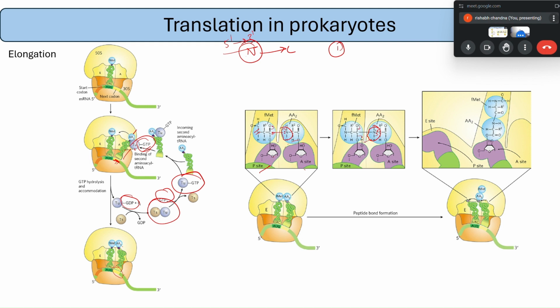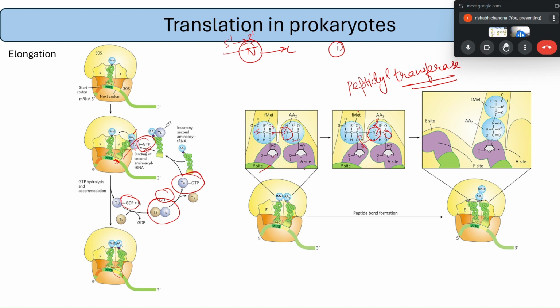So for this particular rearrangement, the peptidyl transferase comes into play. Okay, so this leads to the destabilization of different bonds, due to which this particular bond is hydrolyzed, and here it is connected to this particular amino acid.